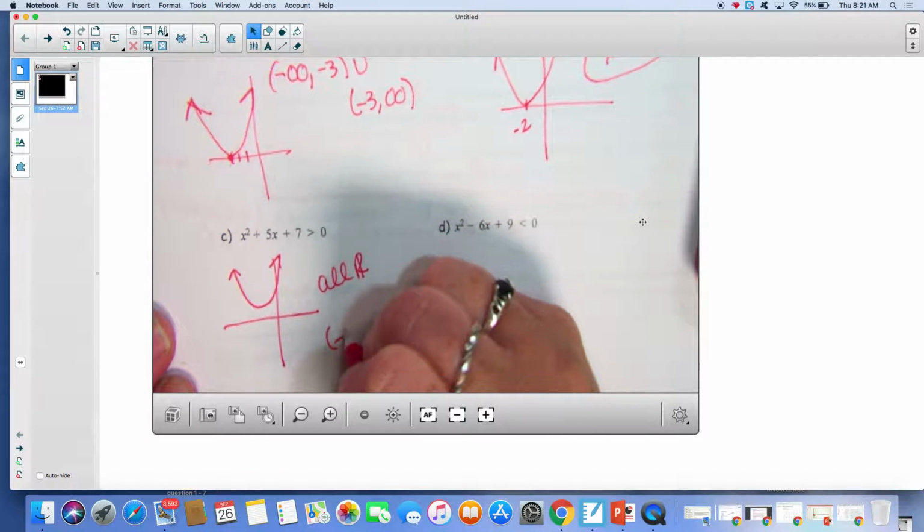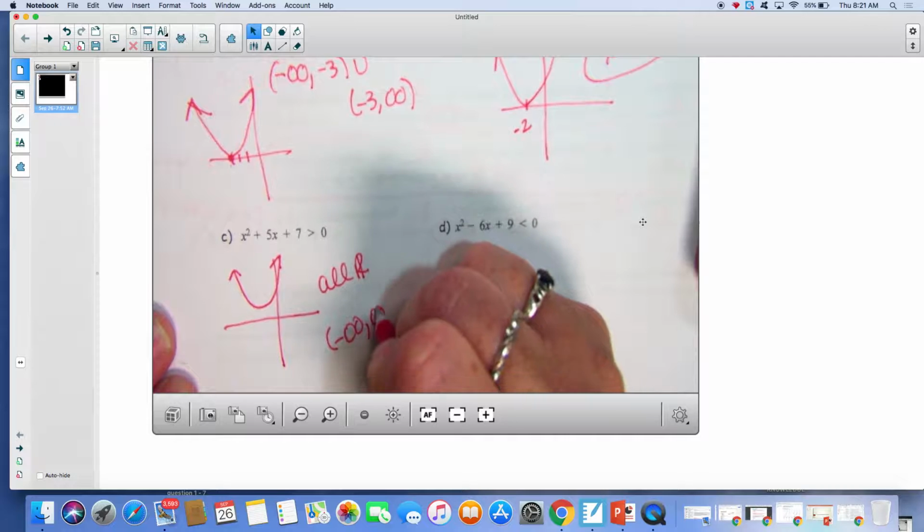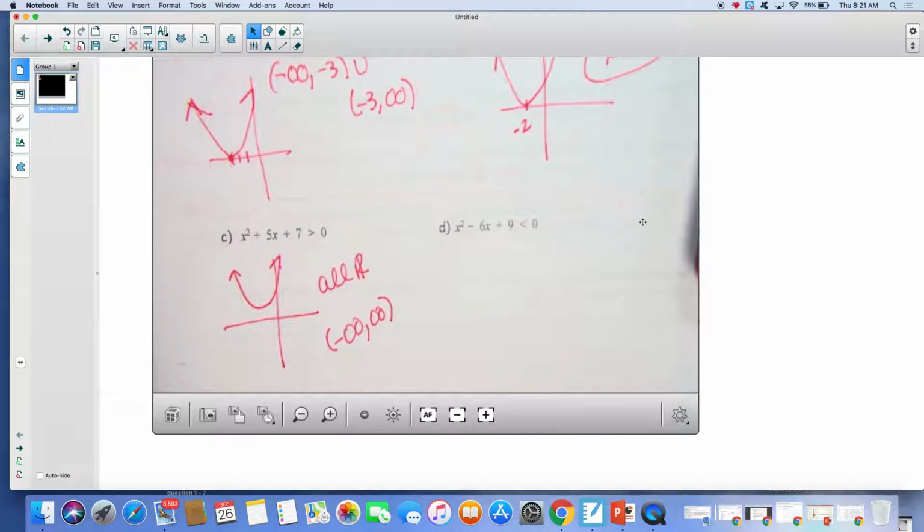If you want to do interval notation, you could write it like that.